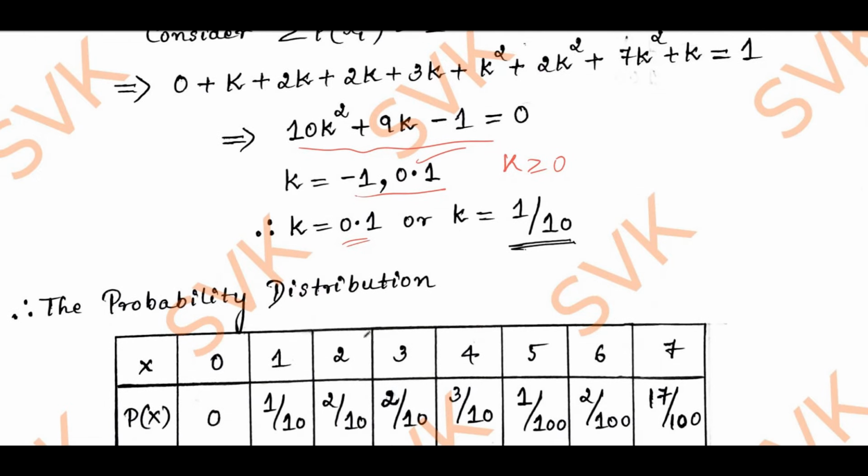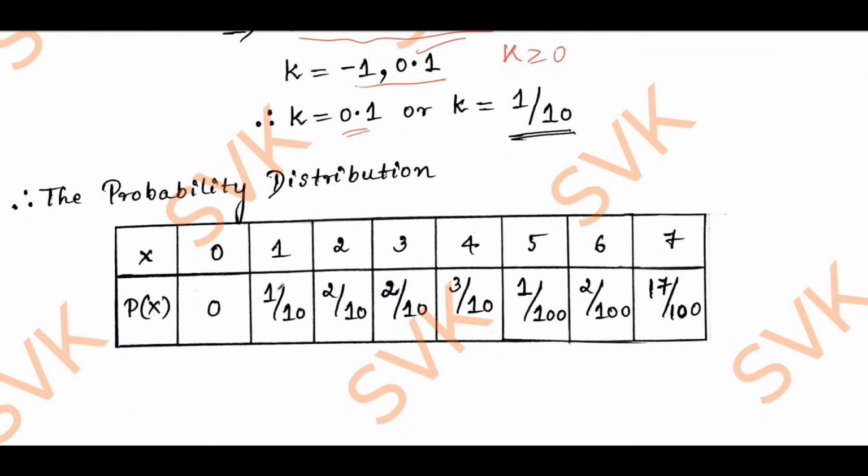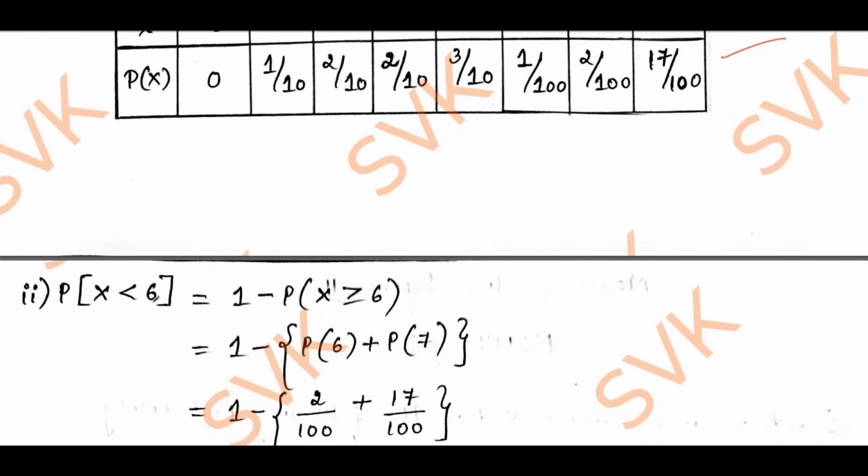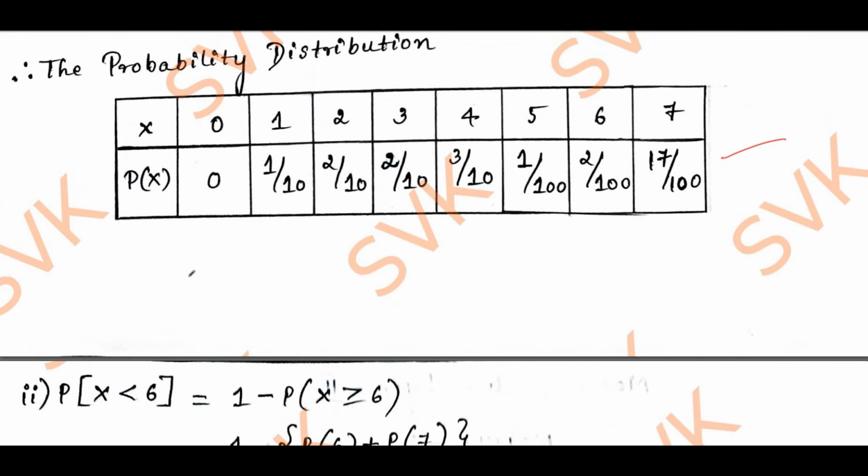Resubstituting that k value in the given table, we get this tabulation. Then we can find the discrete probability distribution for sub-question 2, that is, the probability of x less than 6. As 6 is nearest to the end value, we will go with the formula 1 minus probability of x greater than or equal to 6.